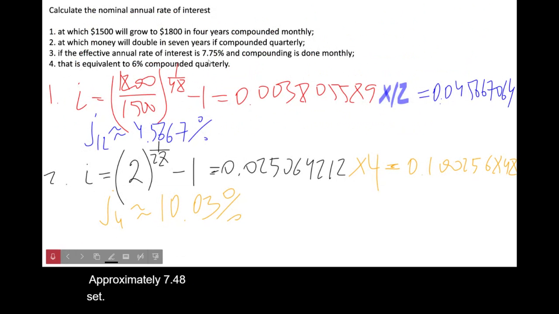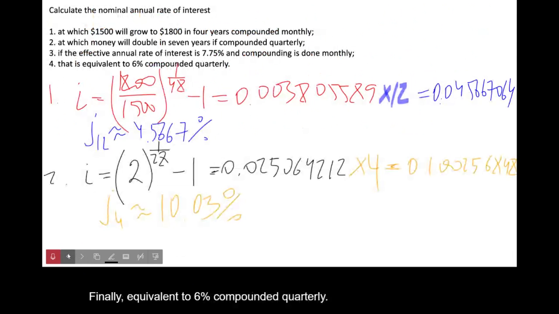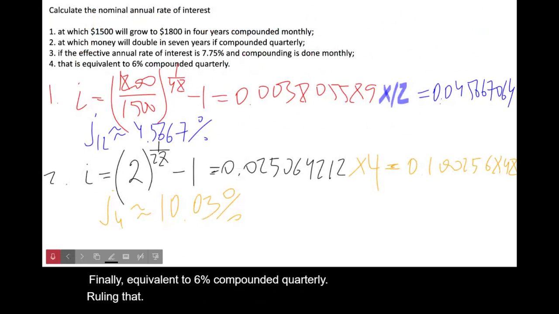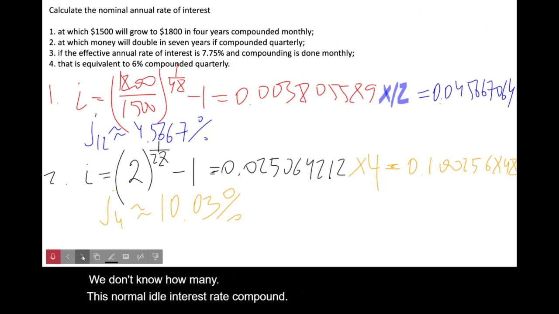Finally, equivalent to 6% compounded quarterly. Nominal. We don't know how many times this nominal annual interest rate compounds, so let's find the effective rate.